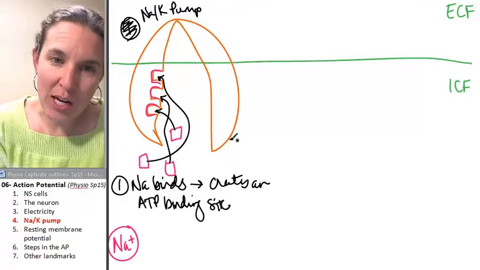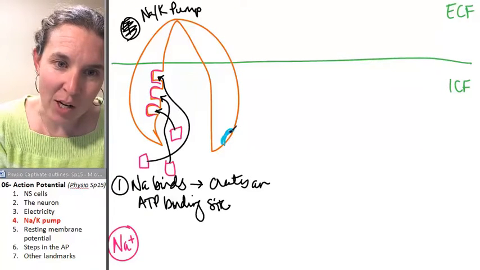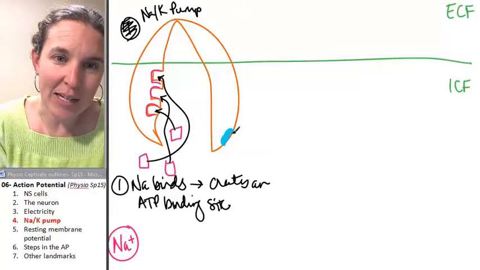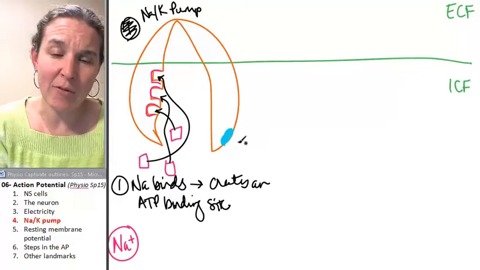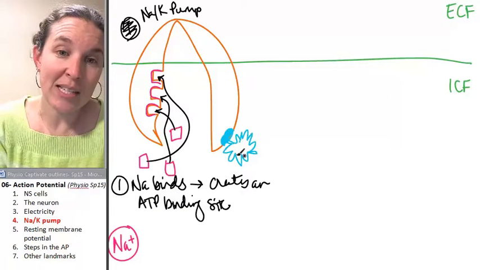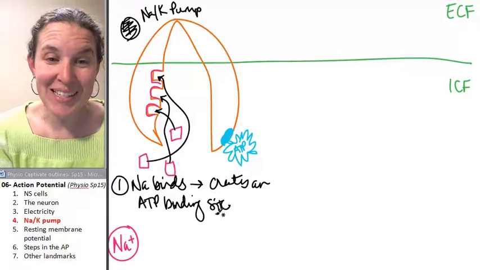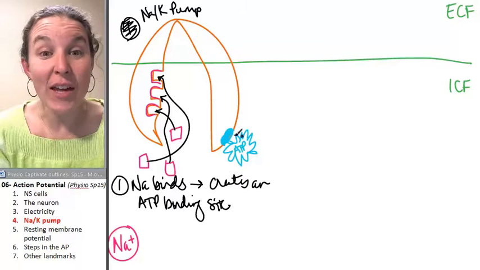When its shape changes, a new binding site is going to open up. And this binding site is for, I regret my color choices, but this is ATP. ATP comes and binds to that site.